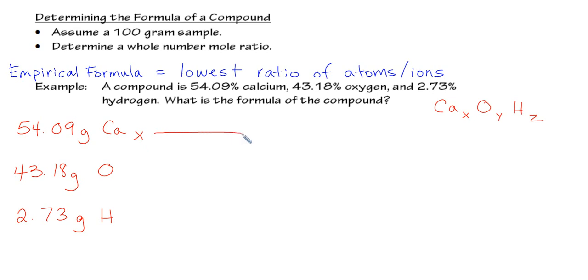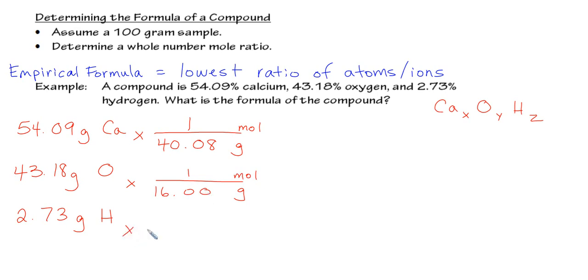So for all of these, we're just going to cancel grams, put them into moles. The periodic table will tell me the mass of 1 mole. I just got to look it up. 40.08 for calcium. Cancel grams. I want moles. 1 mole of oxygen. My periodic table says 16 on the dot.